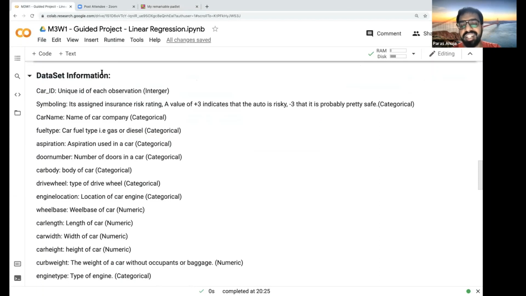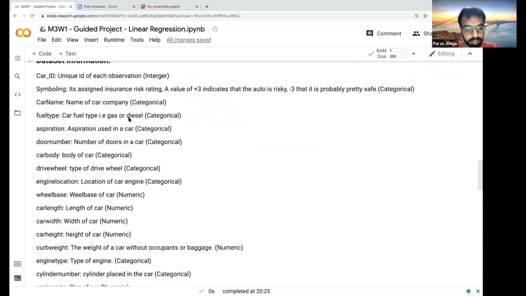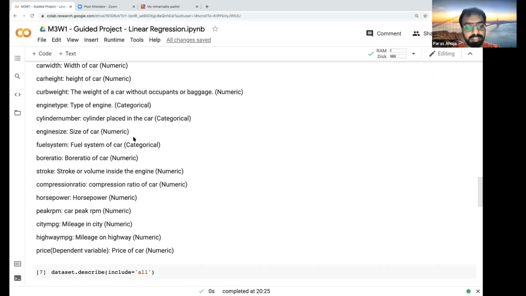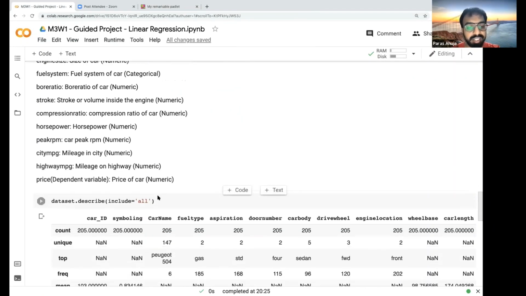We have to understand the distribution either through the describe function or through different plots. The basic idea is to understand the data distribution of our dependent variable and our independent variables also, right? So the first step we'll do is understand the data distribution.